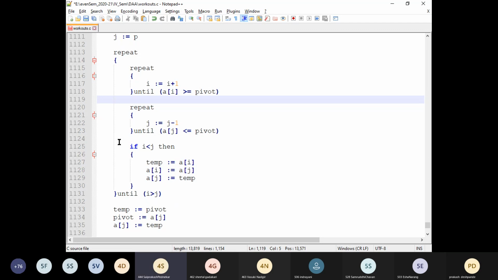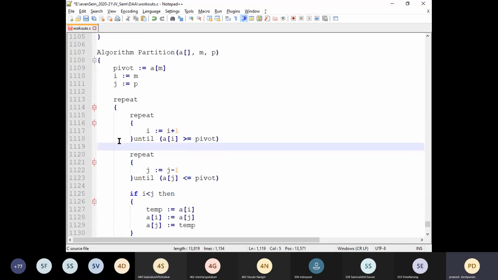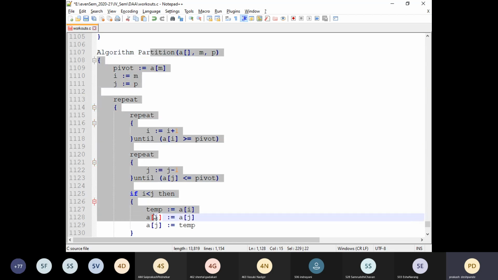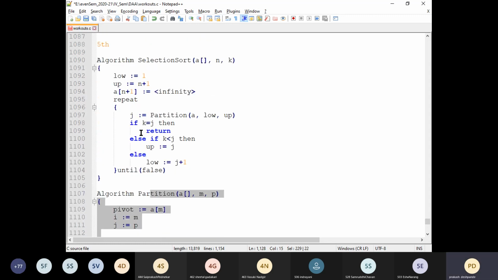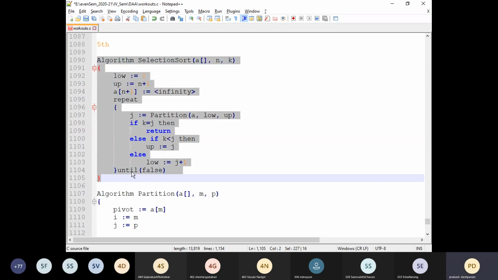Quick sort, right? The partition algorithm which we had for quick sort is the same as the partition which we are going to use in the selection sort. So understanding this will be easy for you now. But we need to understand the main algorithm of the selection sort here.